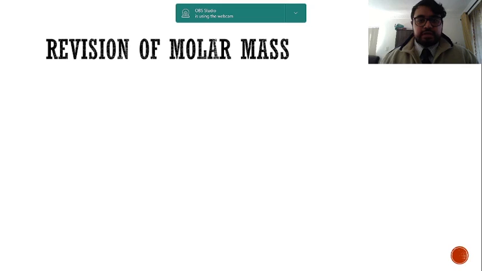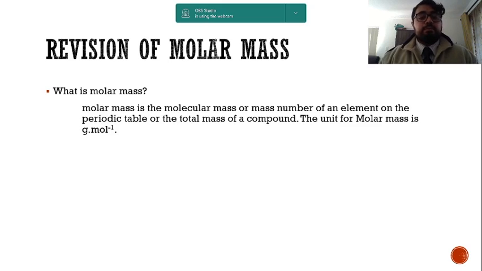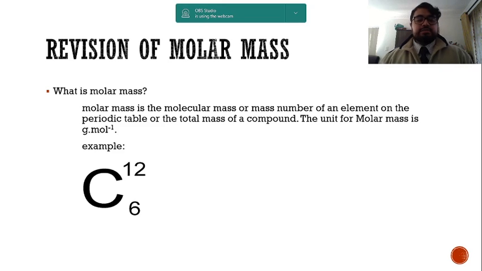So let's look at a bit of revision. And I think in grade 9 you would have had to have done molar mass. So what is a molar mass? The molar mass is the molecular mass or the mass number of an element. When we looked at the periodic table, we saw that there were two numbers on each side of the symbol, and one number was the atomic number and one number is the mass number.